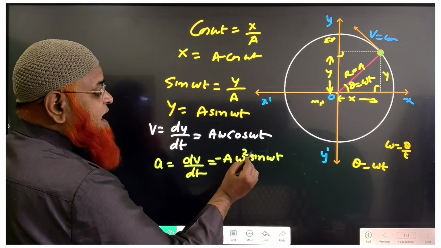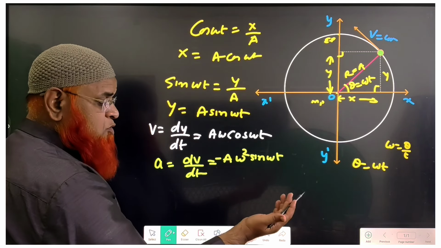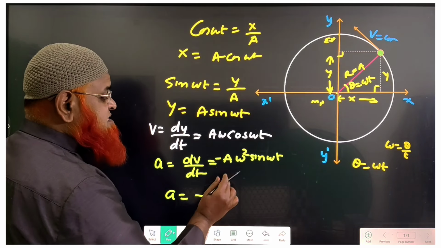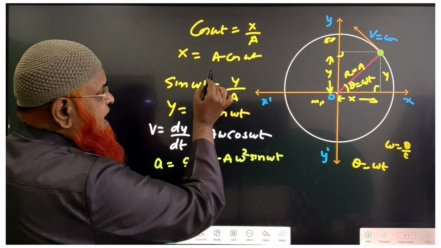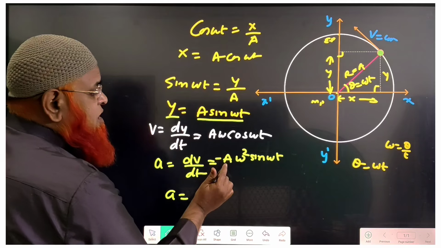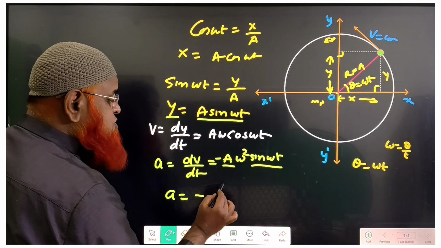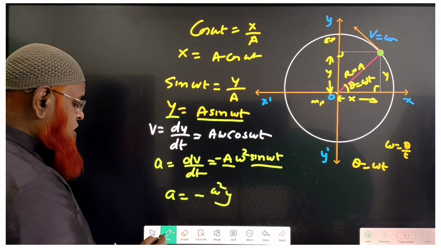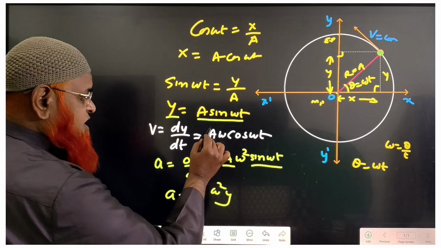So with one more omega multiplied here, we get omega square. Therefore, acceleration is equal to minus omega square, and here a sine omega t is taken as y, which is nothing but minus omega square into y.